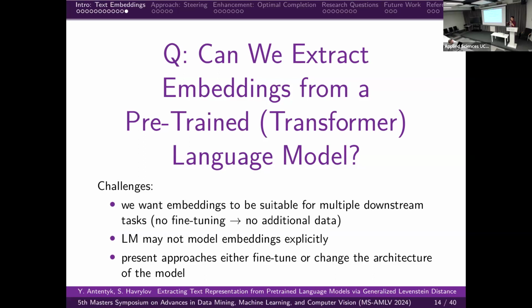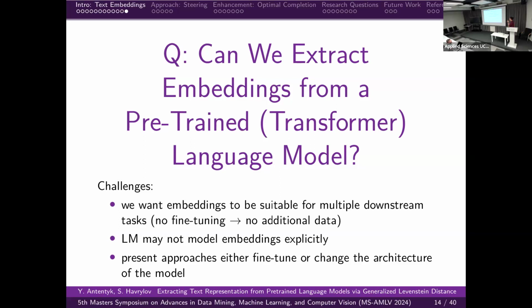We need to define some kind of procedure to extract an embedding from this sentence, which should have some kind of meaning. And we want these embeddings to be suitable for multiple downstream tasks, which means that we don't want to do fine-tuning, so we don't really have additional data. All we have is a model and a sentence, and we want to have an embedding.